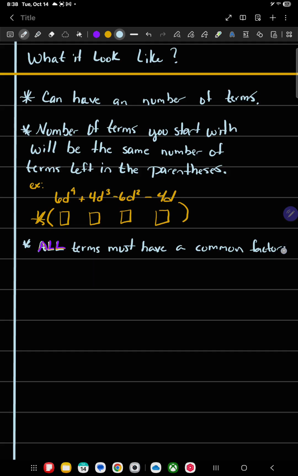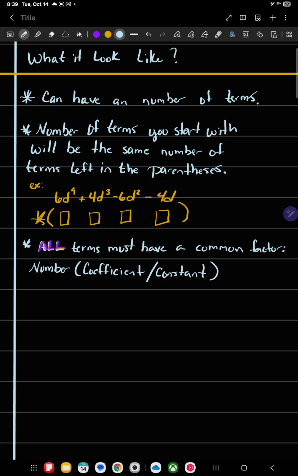Now, they may be common in number. Now, when I say number, I'm talking about the coefficient or constant. All right. When we say number, we're talking about both coefficient and constant.